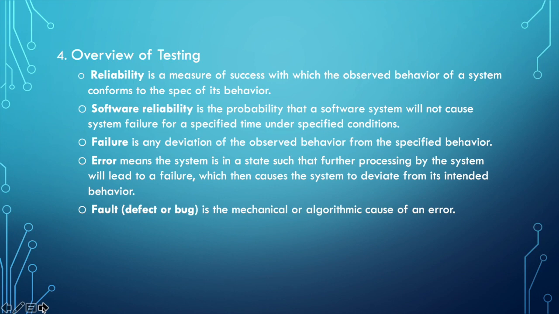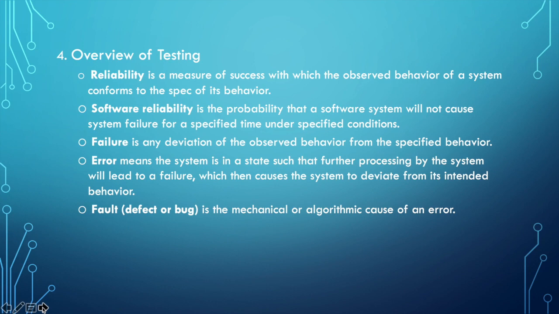Reliability is a very important property of software. You want the software to be reliable. You want the software to be successful in performing its behavior, and to conform to the specification of each behavior.